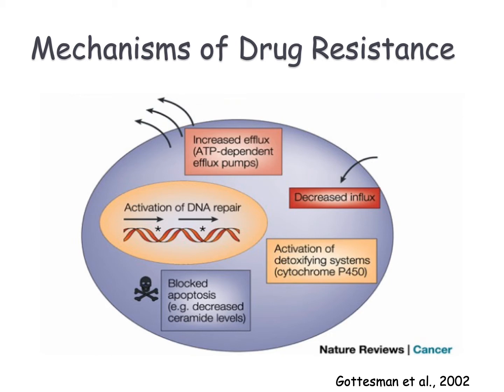That was a bit of a puzzle for a while until people figured out the mechanism and realized that these pumps can pump a number of different compounds out of the cell.